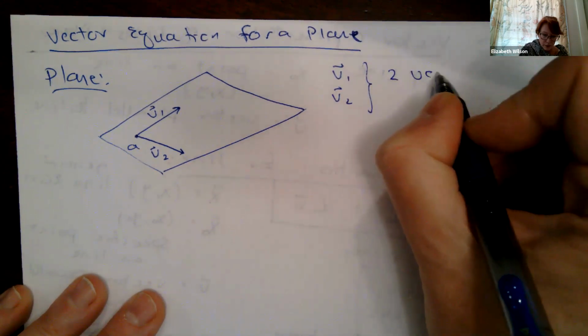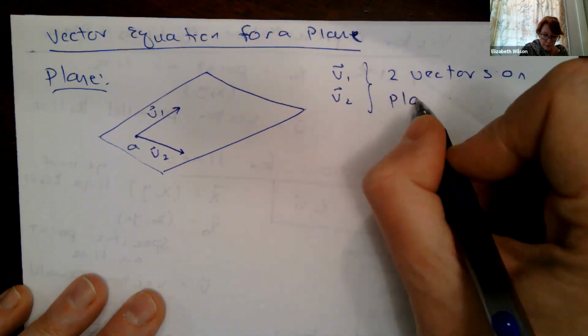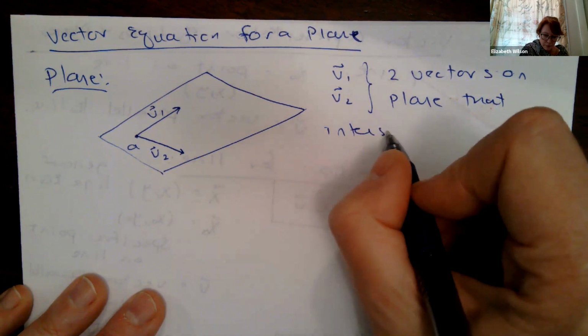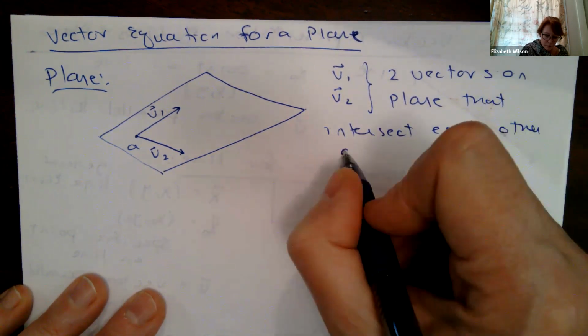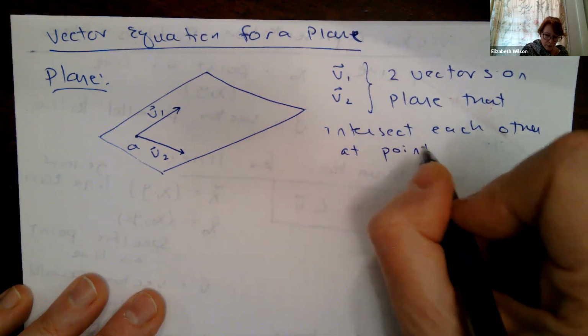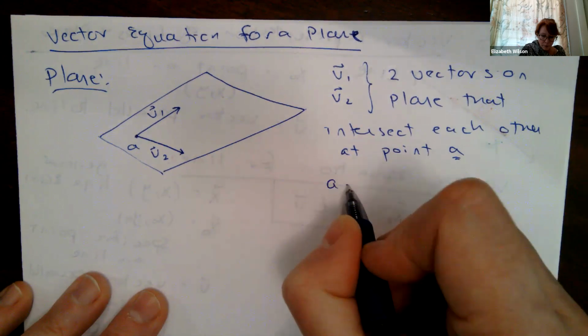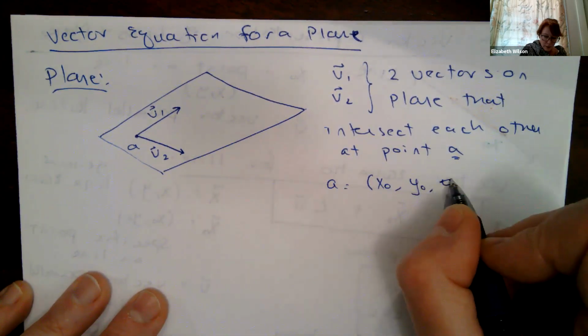So two vectors on the plane that intersect each other at point A, okay? And A will be represented as x naught, y naught, and that should be z naught.